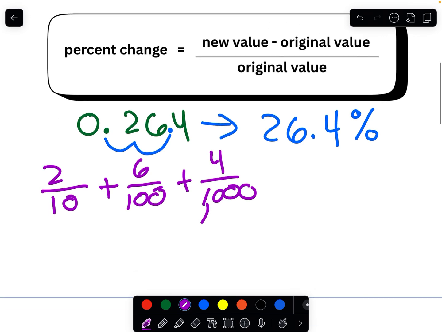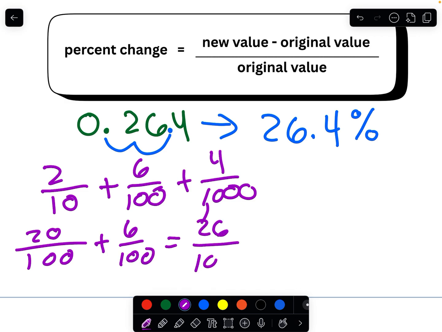And when we add them, because we're dealing with percent, which means per 100, 2 tenths plus 6 100ths is the same as 20 hundredths, right? Because 2 tenths equals 20 hundredths, plus 6 100ths, which equals 26 100ths.